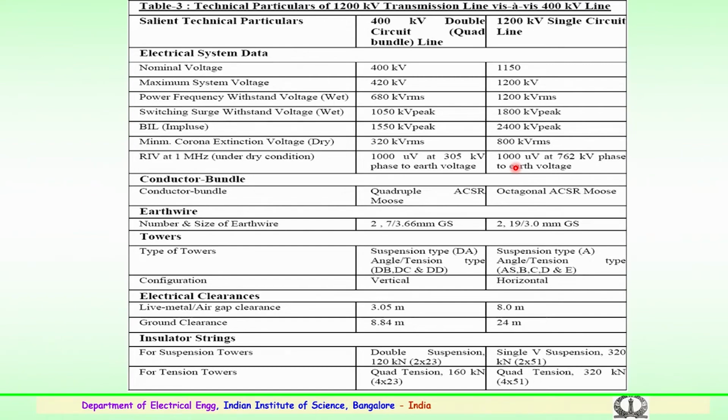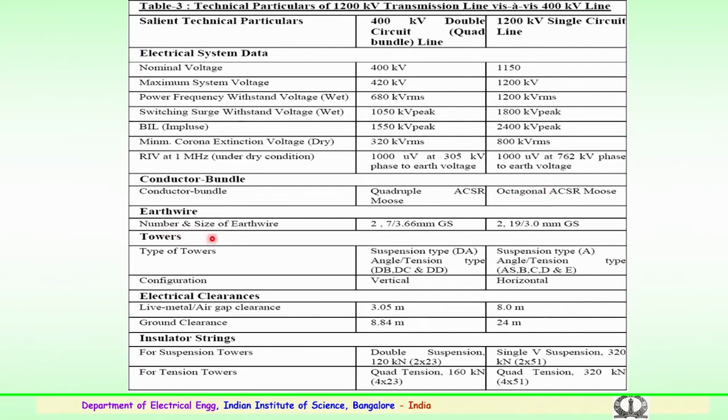So, conductor bundles, what type of conductors? Here 4 conductors, a quadruple bundle of all aluminum conductor steel reinforced, ACSR, is the most common type of conductor being used. Here octagonal, 8 conductors of ACSR Moose, are being used for 1200 kV.